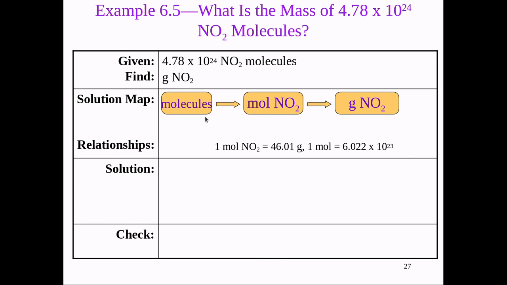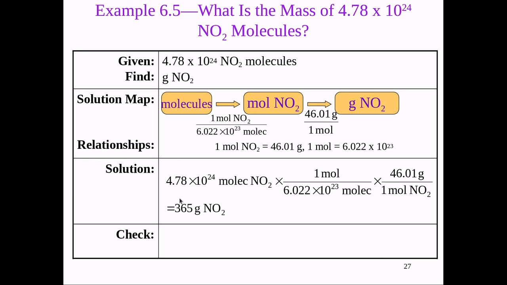Going from molecules to moles, we will use this one, make a conversion factor there. Again, we're canceling molecules and we're getting out moles. And then we'll use our conversion factor here, where we cancel our moles and we get out our grams.